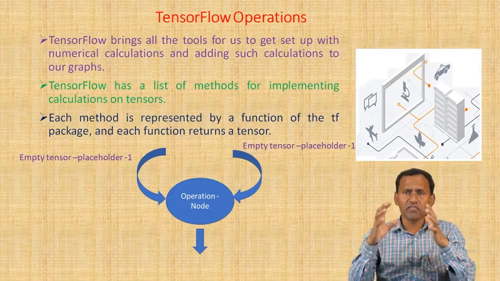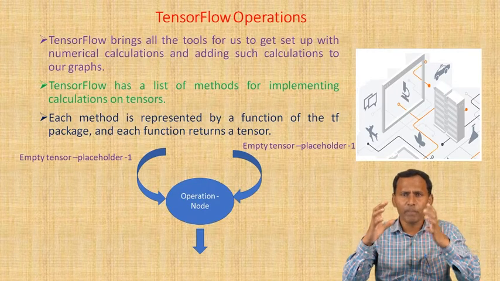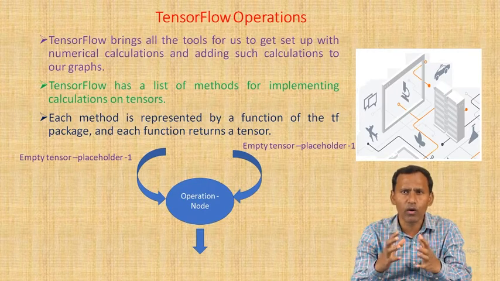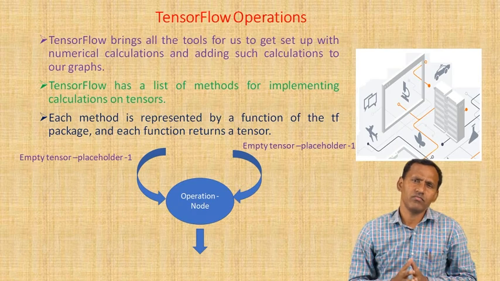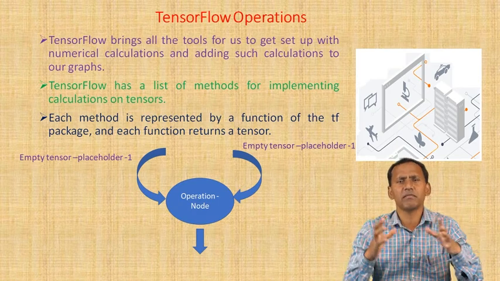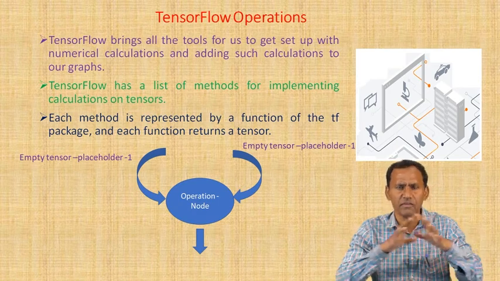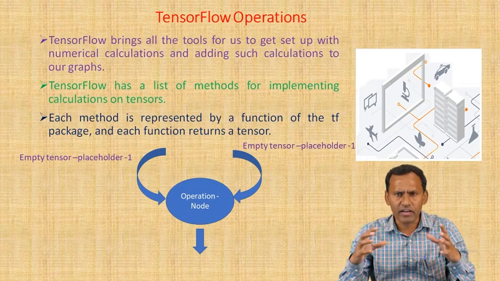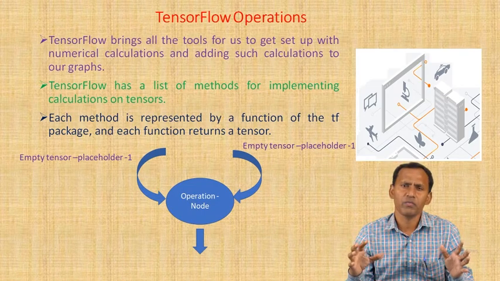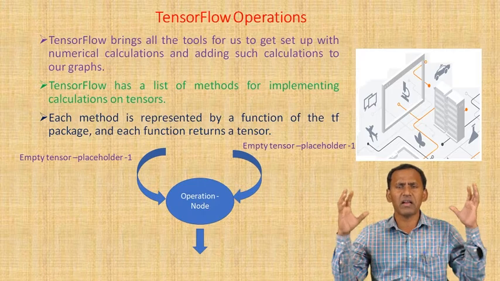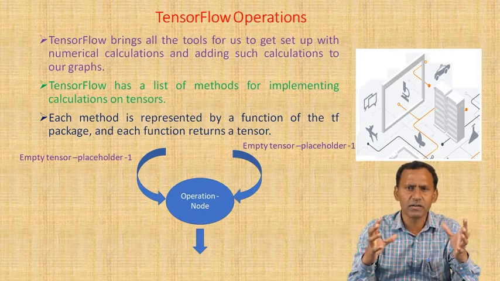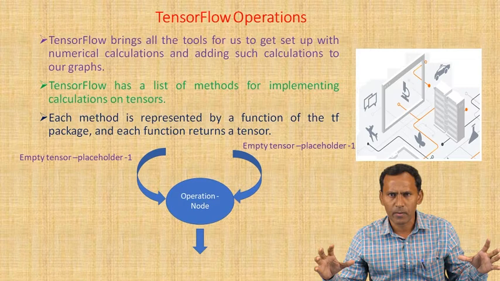TensorFlow has a list of methods for implementing calculations on tensors. There are different built-in methods for addition, multiplication, division, square root, ceil, etc. For each and every operation, plenty of built-in methods are available in the TensorFlow framework.